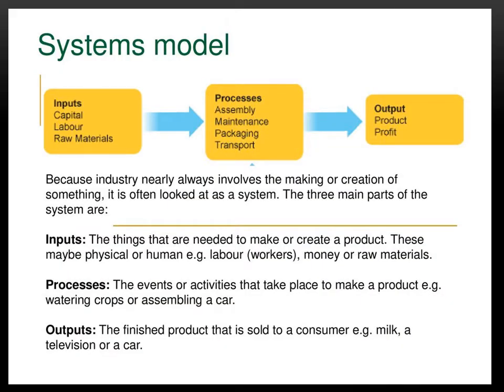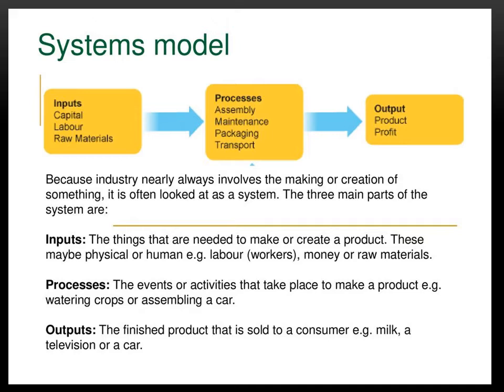Let me explain the system model of the secondary industry, as you have in your book on page number 155, figure 9.1, which shows the secondary industry as a system. So basically there are three main categories in the system, and these are inputs, processes, and the outputs. The inputs are the things that are needed to make or create a product.